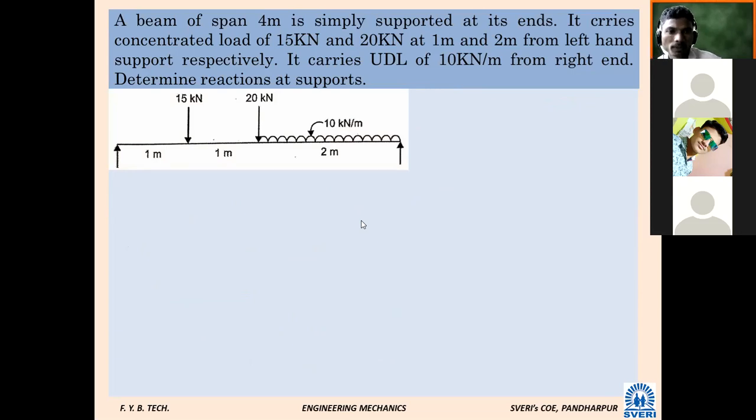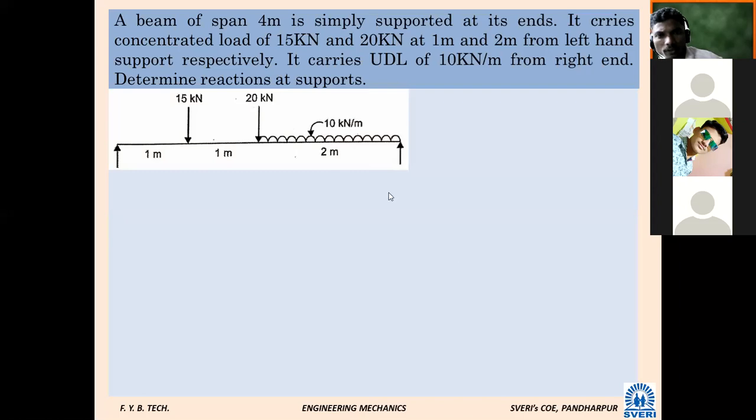A beam of span 4 meter is simply supported at its ends. It carries concentrated loads of 50 kilonewton and 20 kilonewton at 1 meter and 2 meter from the left hand support respectively. It carries a UDL of 10 kilonewton per meter from the right end. Determine reactions at supports.